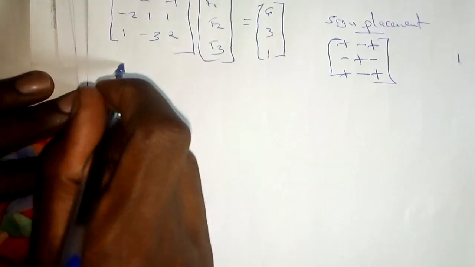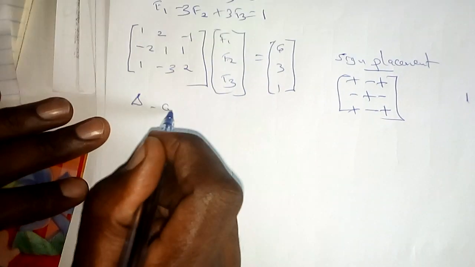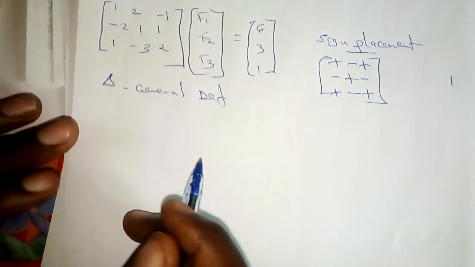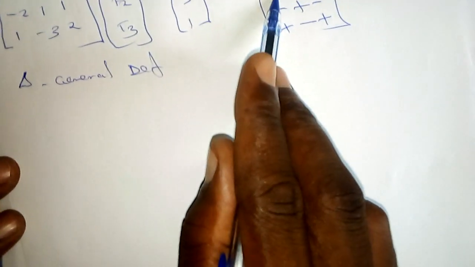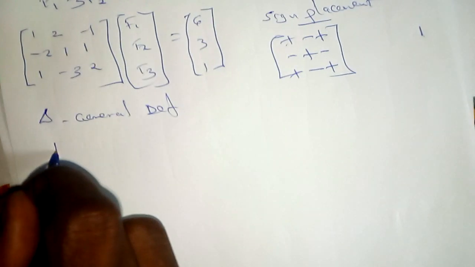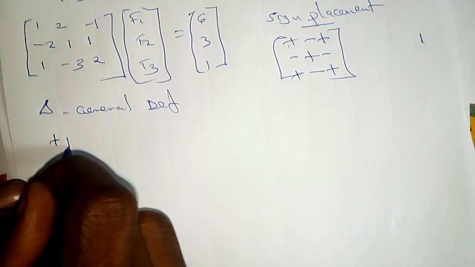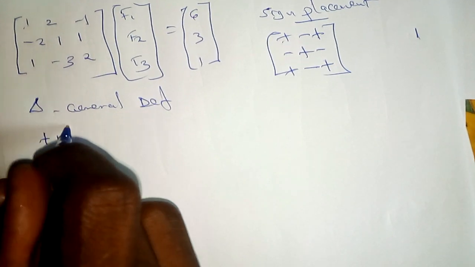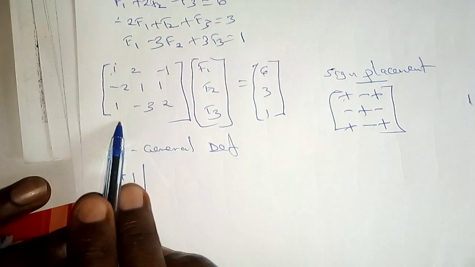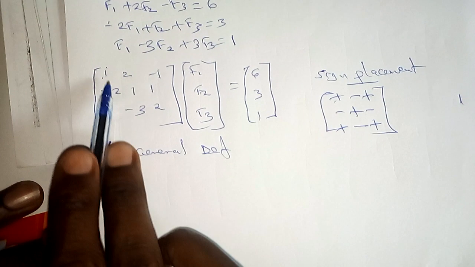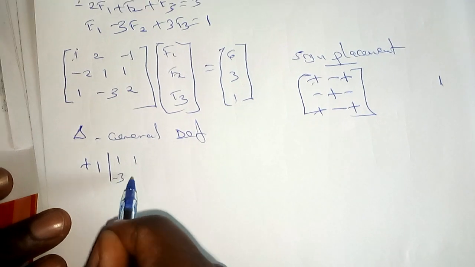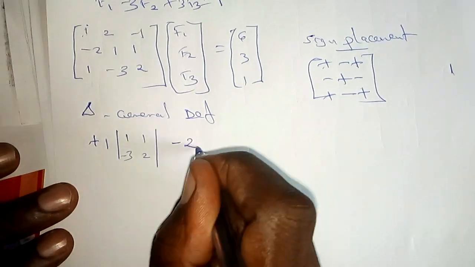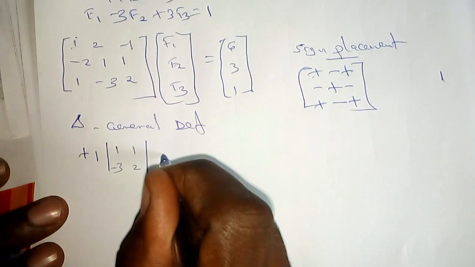Here we find the general determinant. The first step, find the general determinant. To find the general determinant, consider the sign positive here. We say it is plus 1 into, you block this, it becomes 1, 1, 3, negative 2, that is negative 2.